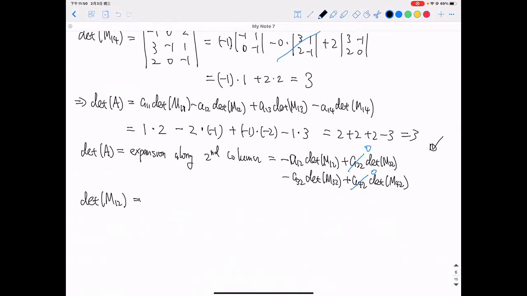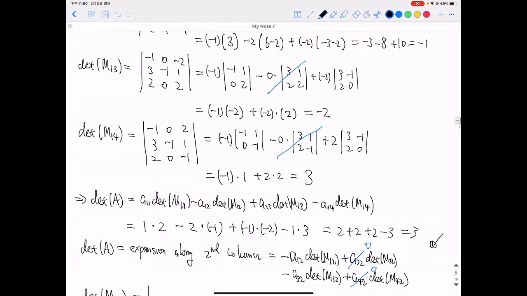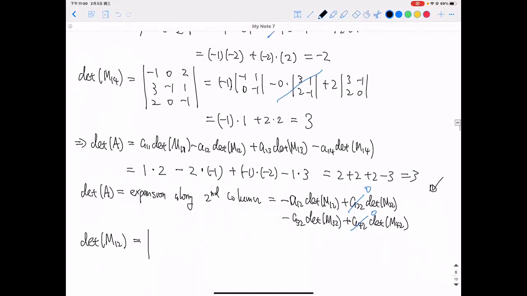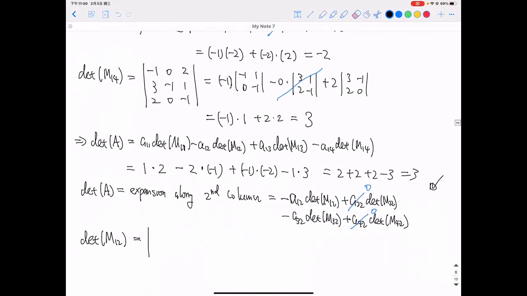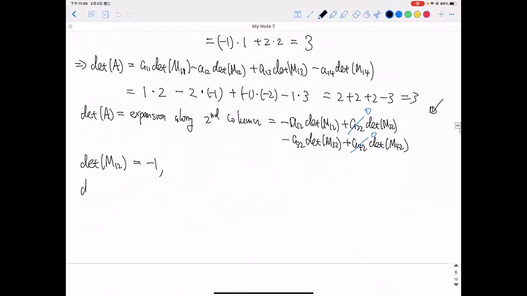That's easier to do. And we'll just do it. Determinant M12, we've done it already, right? That's minus 1. Now the determinant of M32 we have to do.